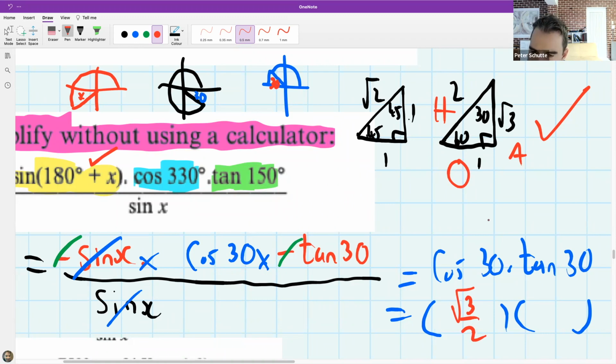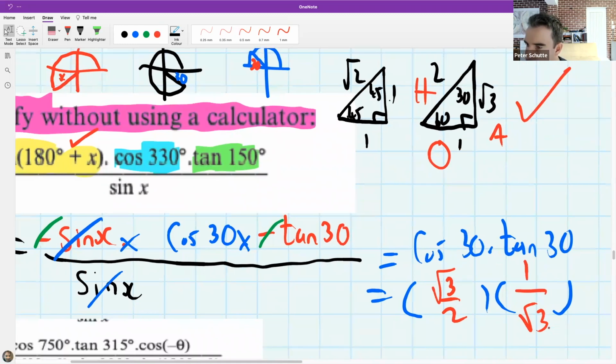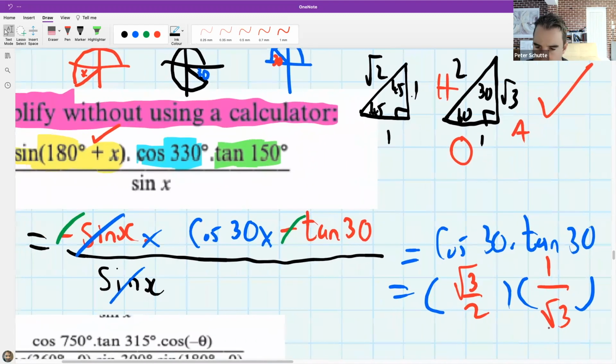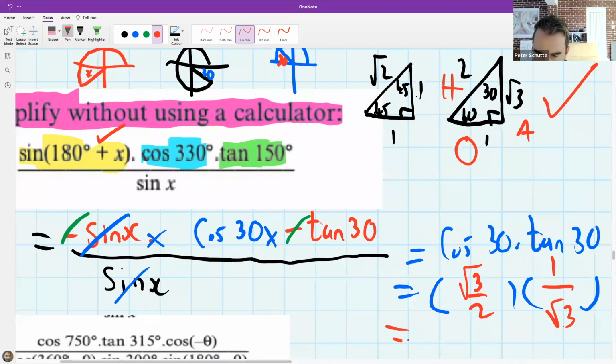The tan of 30 would be 1 over √3. So do you agree with me? Cos of 30 is going to be √3 over 2. Tan of 30 is going to be 1 over √3.